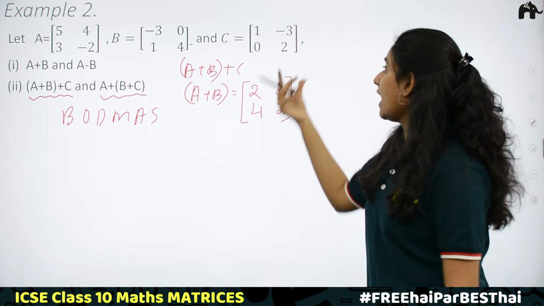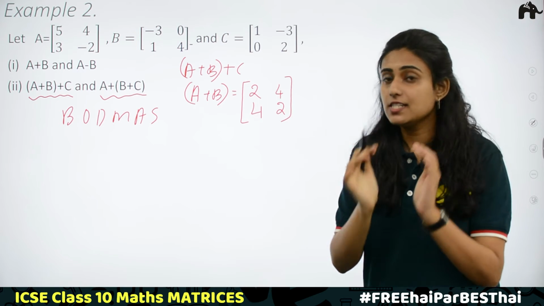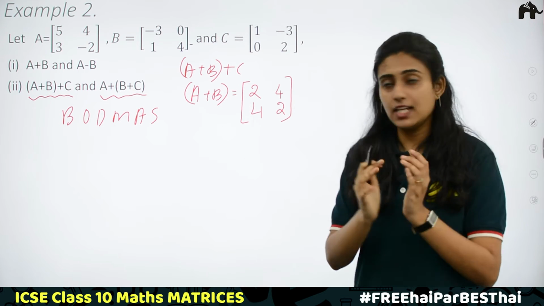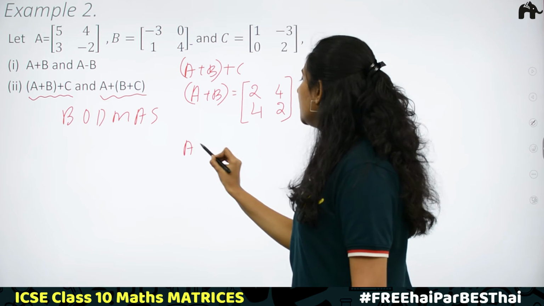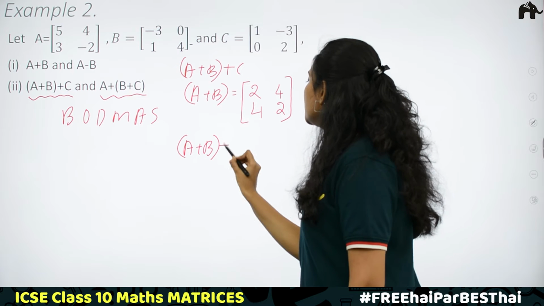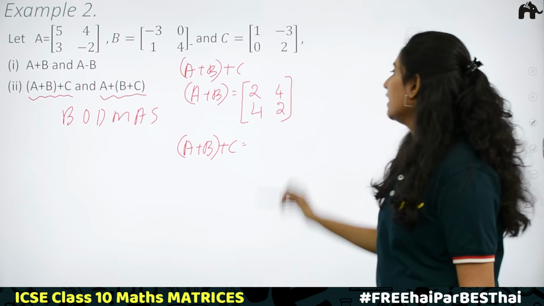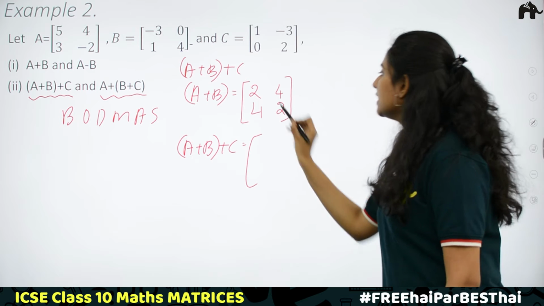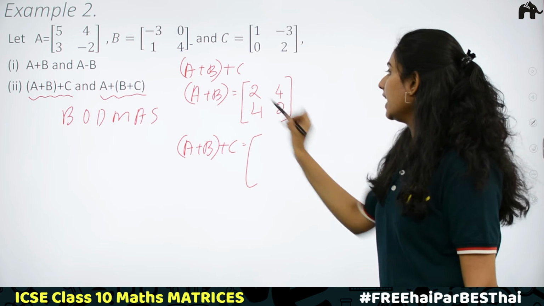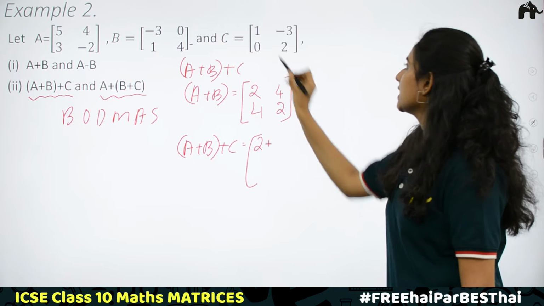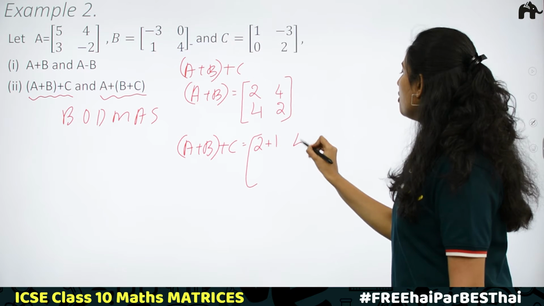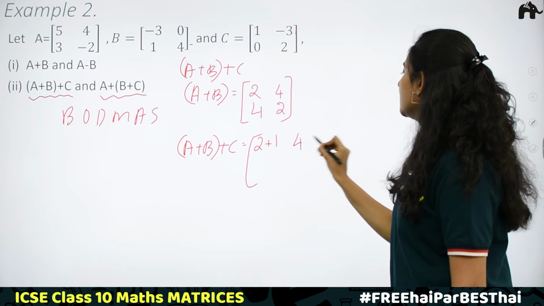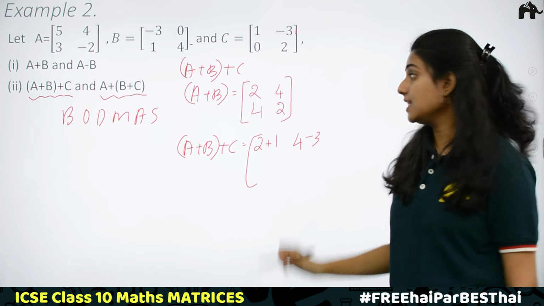Okay, this is A plus B. Now we are going to add C to this. We first did the bracket. Now we are going to add C to this. (A plus B) plus C is equal to 2, the first element from A plus B, 2 plus 1, the first element in C. Then 4, here we have minus 3. 4 plus minus 3, 4 minus 3.